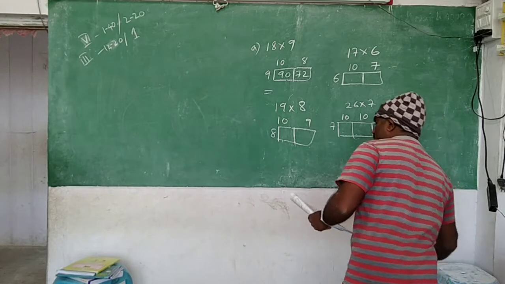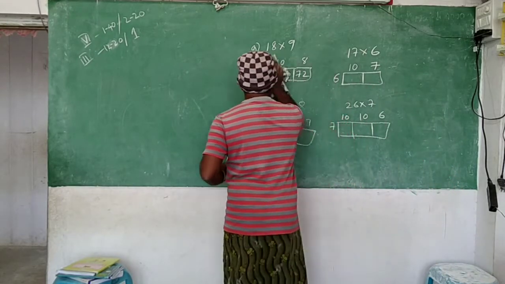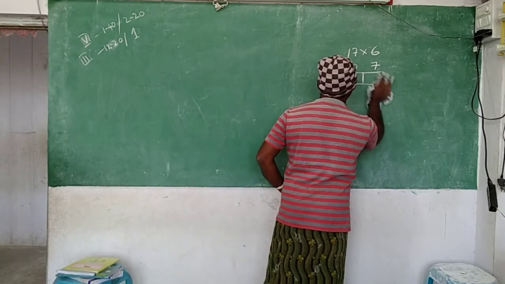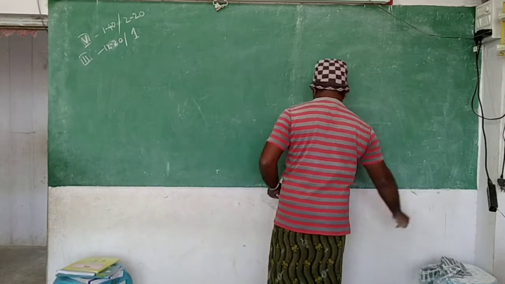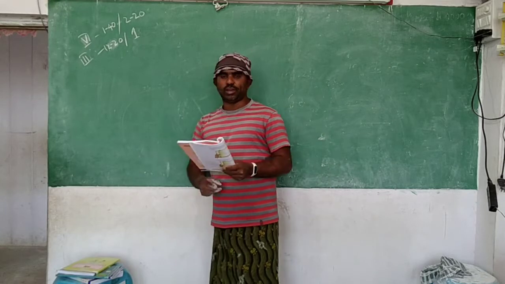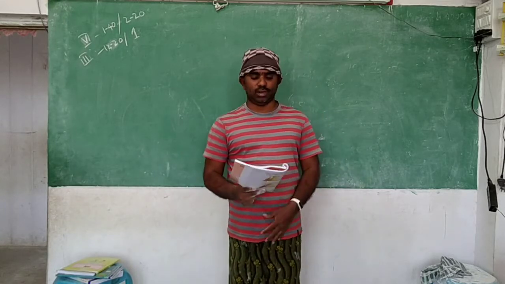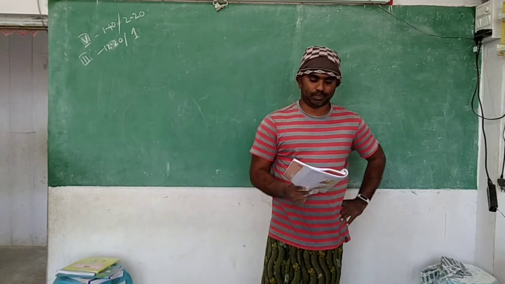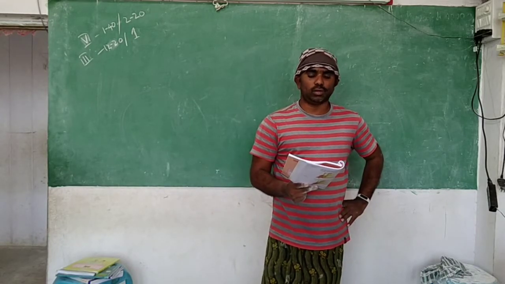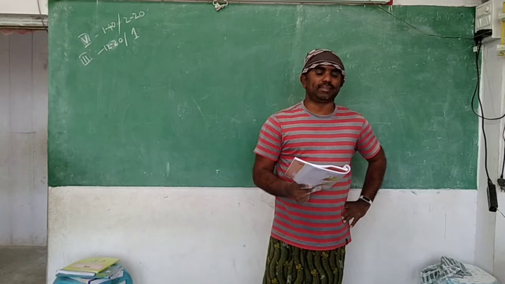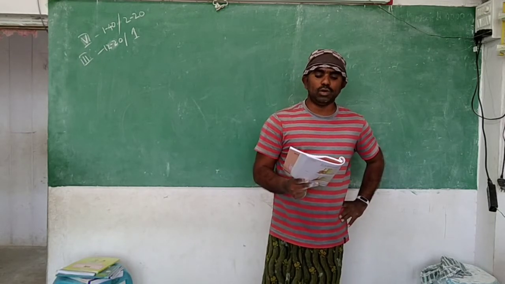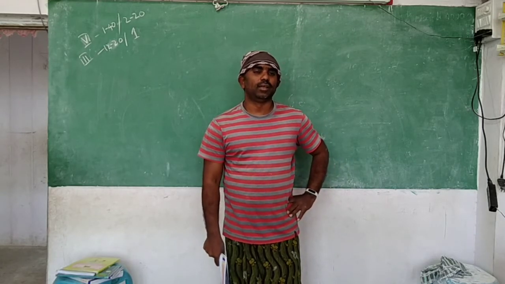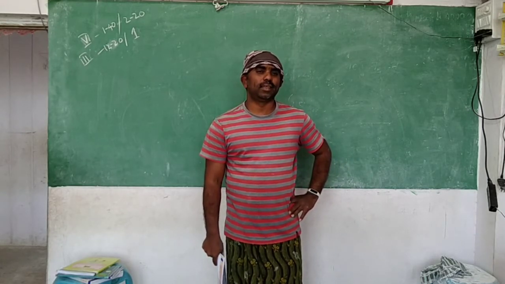Okay, one more verbal problem, the second verbal problem. You see. I am reading, just listen. In a plantation, there are 12 rows of mango trees. If in each row there are 10 trees, how many mango trees are there in the plantation? What do you understand?